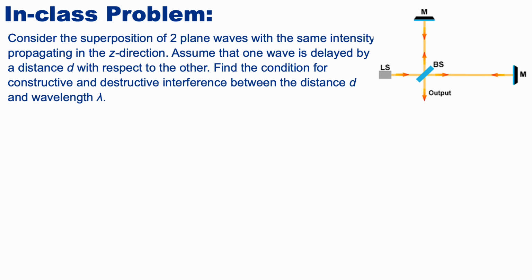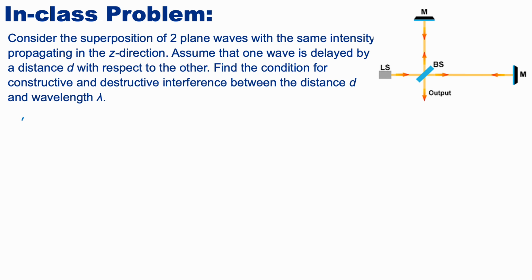We have two plane waves with the same intensity propagating along the z-axis, and one of the waves is delayed by a distance d, and we need to find the condition of constructive and destructive interference based on d, the delay distance, and the wavelength.